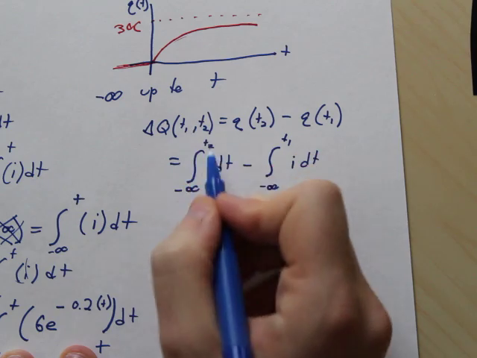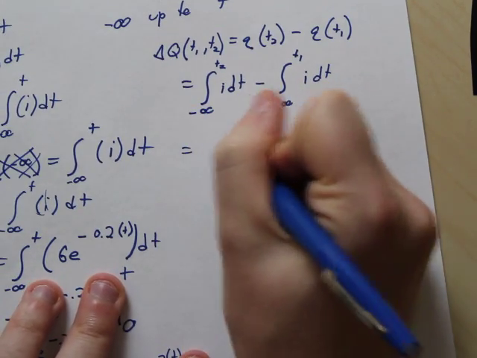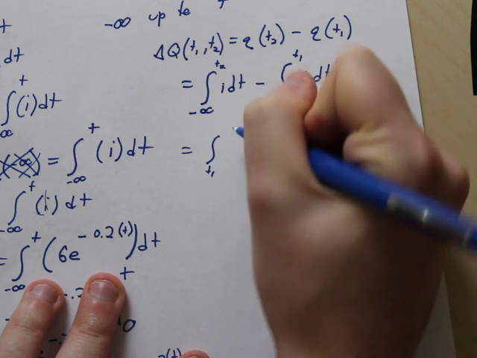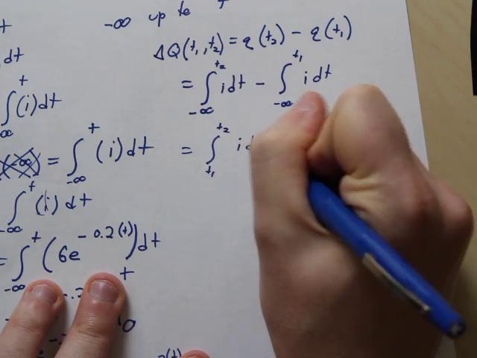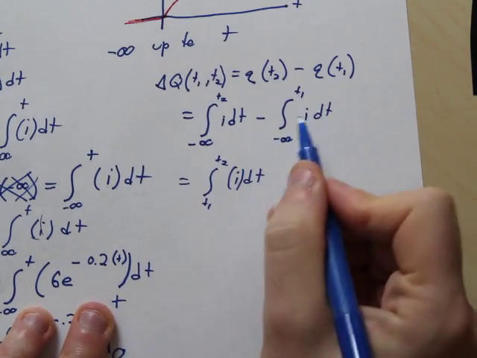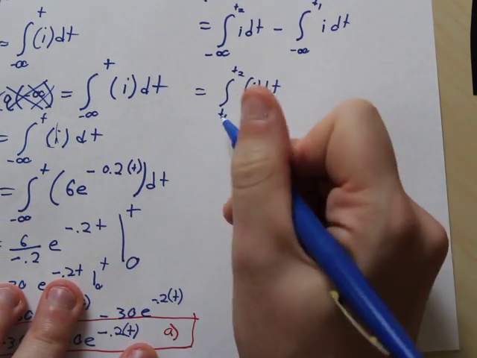So with our rules of bounds for integrals, we can change this to equal the integral from T1 to T2 of I dt. And that's just basic calculus there, how we pulled that up. So the next step, we're going to be able to plug in now the two bounds that we have.